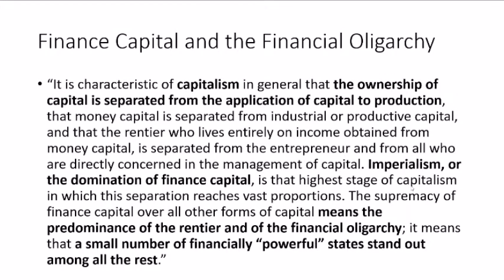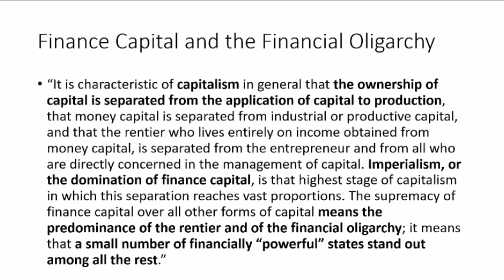All right, let's get to this part. It is characteristic of capitalism in general that the ownership of capital is separated from the application of capital to production, and that the money capital is separated from industrial or productive capital, and that the rentier who lives entirely on income obtained from money capital is separated from the entrepreneur, from all who are directly concerned with the management of capital.